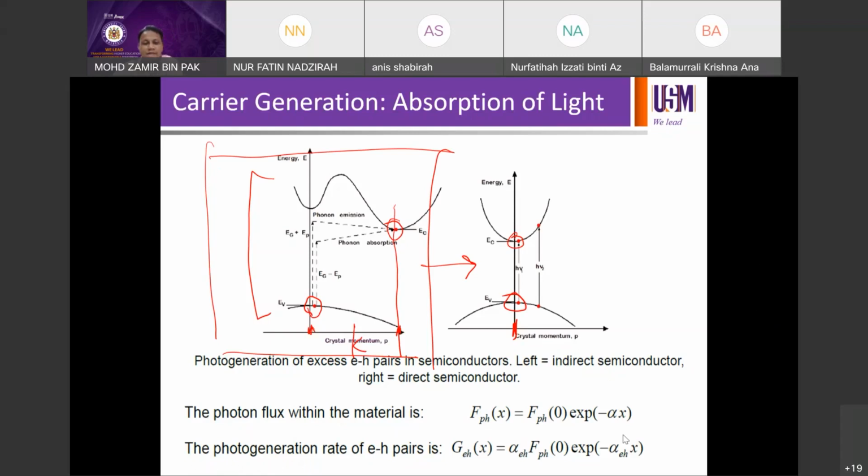Anis Amira, can you recall the examples? Anis, any idea? Any examples of materials from the left?